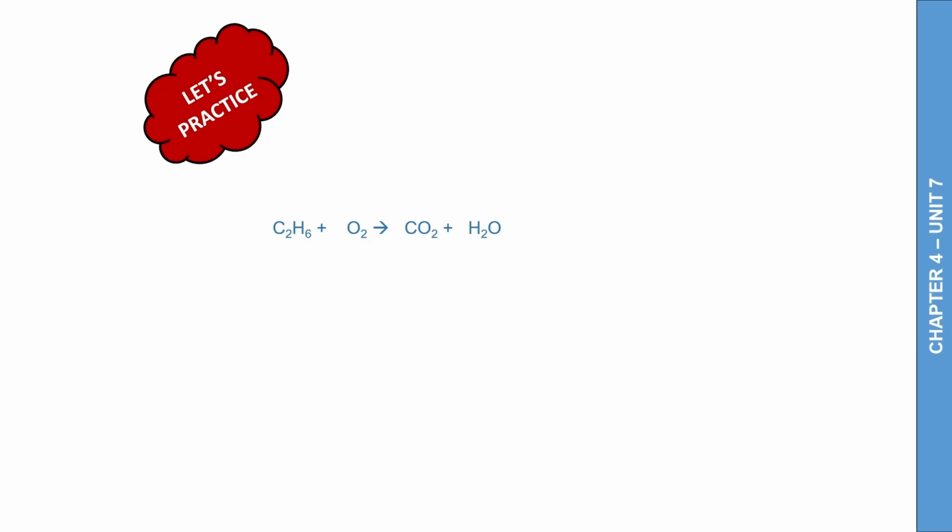I will go to reactants and products. So on this side, I have 2 carbons and the other side 1. Hydrogen, I have 6 and the other side I have 2. And I have oxygen, so I have 2 and the other side I have 3, right? 2 plus 1.